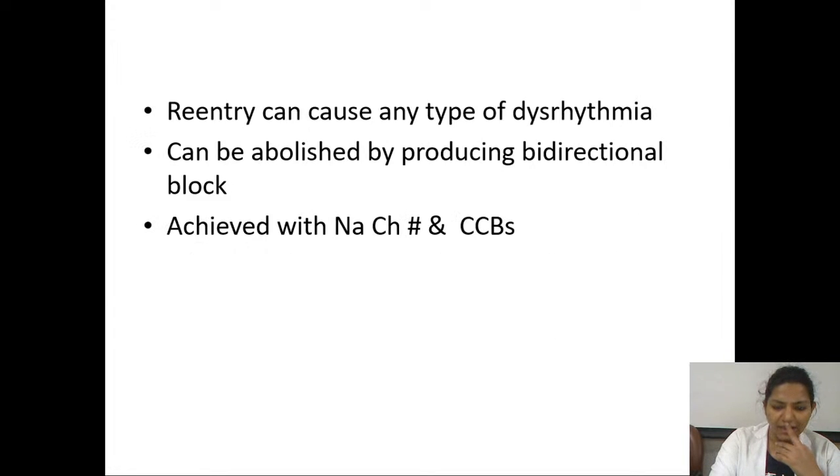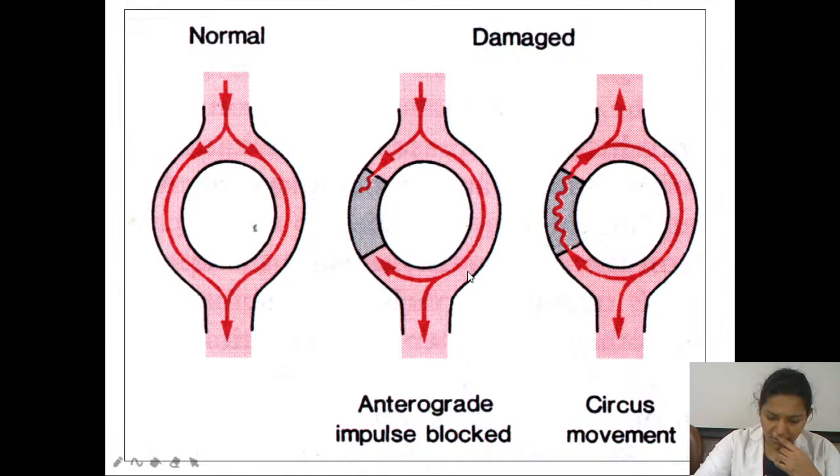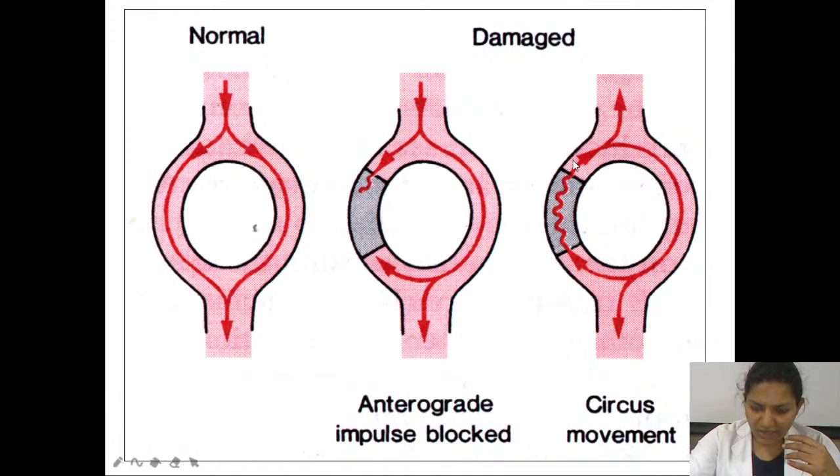If you see here, for the retrograde impulse to conduct, the refractory period of this tissue should be less than the conduction time, so that when the stimulus reaches here, the tissue is not in its refractory period. Otherwise it will not be able to stimulate it and the stimulus will die here. So here anterograde transmission of the stimulus is blocked.